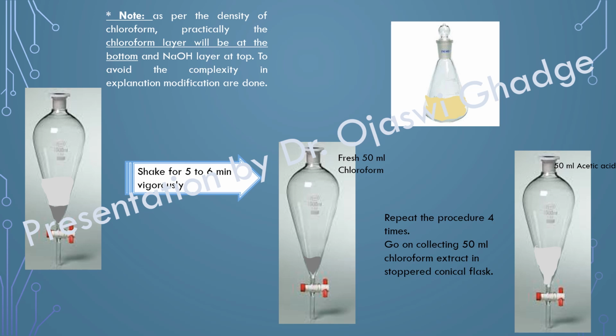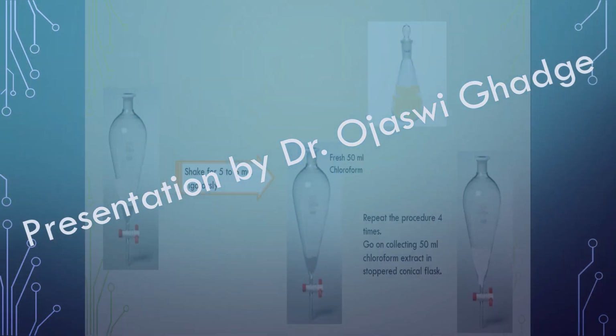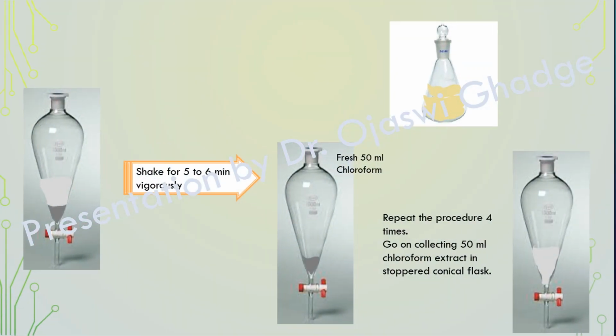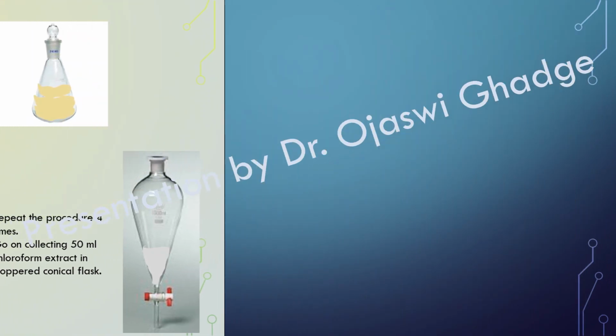Now it is in a form that can give absorbance in the UV region. This 200 ml acetic acid in which trimethoprim is present will be transferred to a volumetric flask.